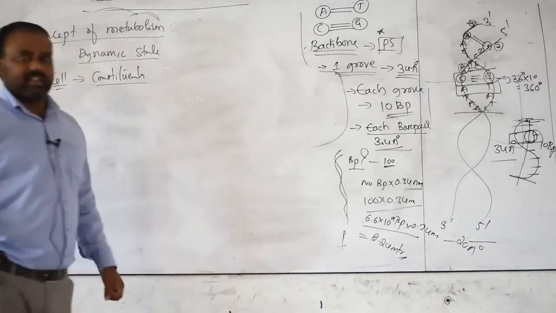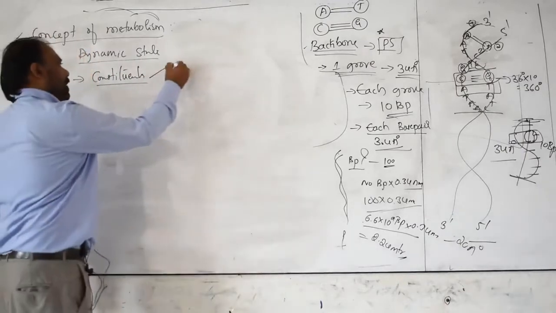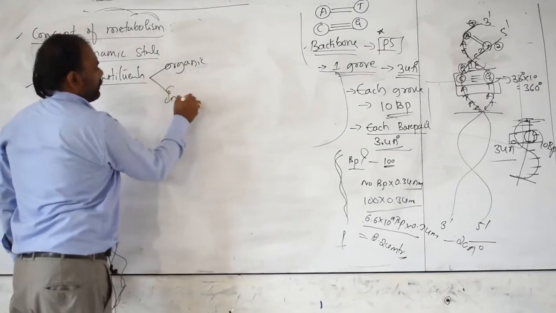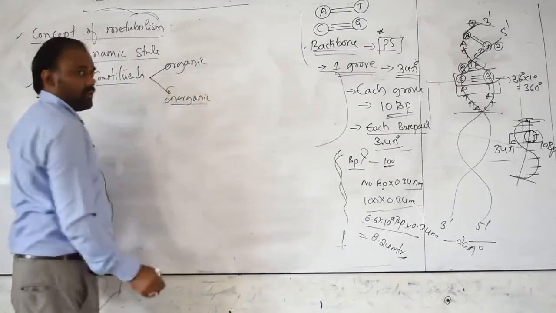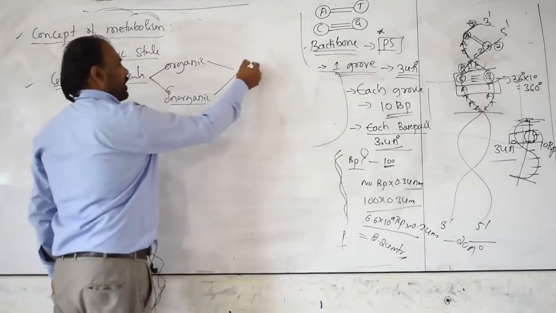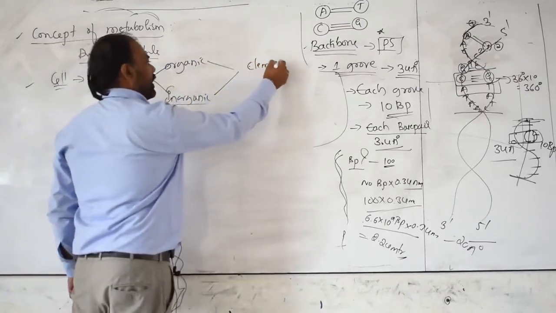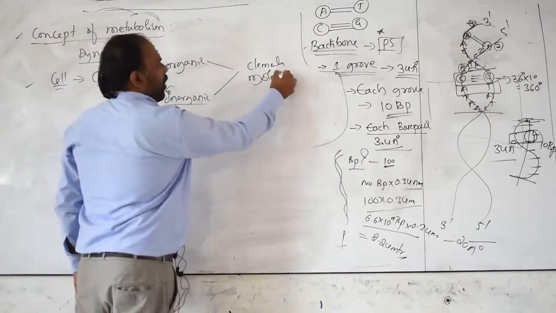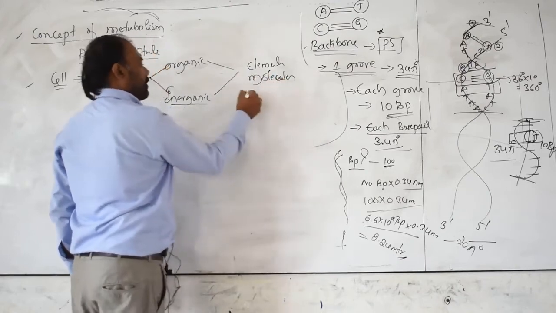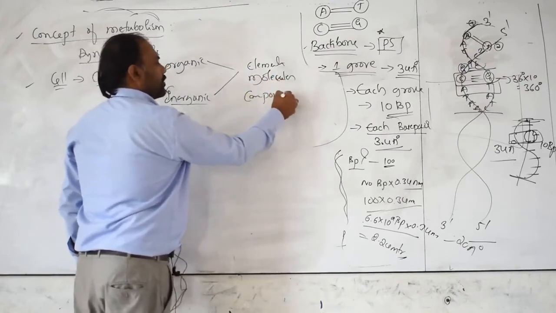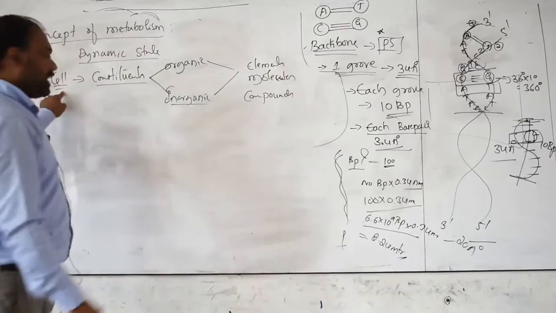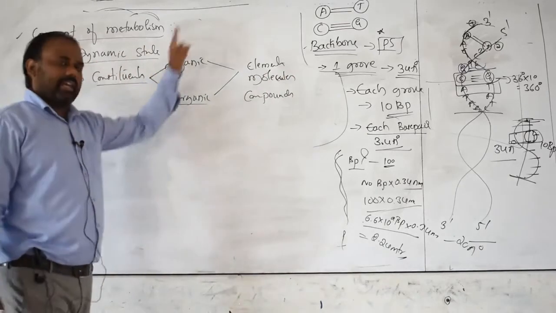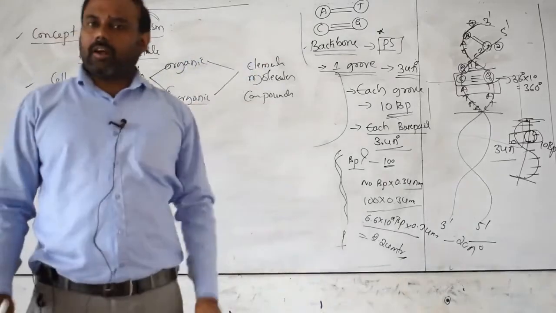What are the different contents? They may be organic or inorganic elements, molecules, or compounds. So any cell you take must contain some of these constituents, nothing but organic or inorganic elements, molecules or compounds.